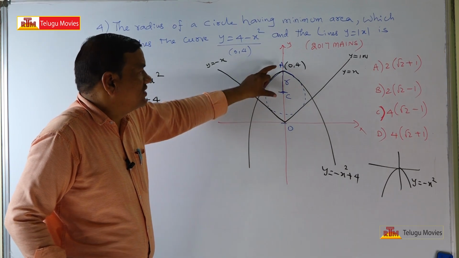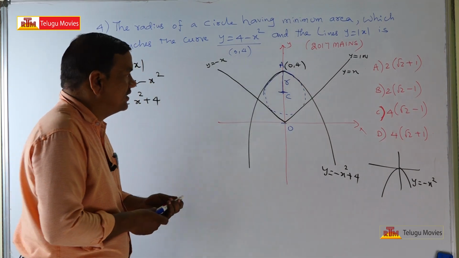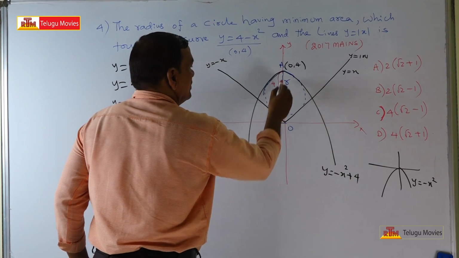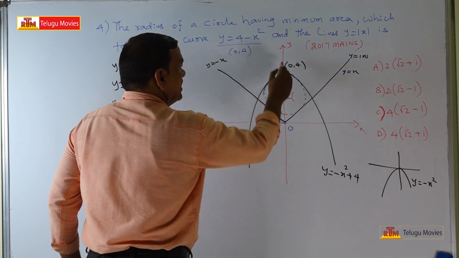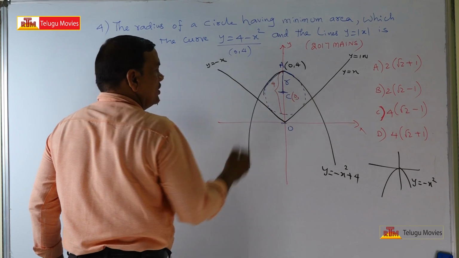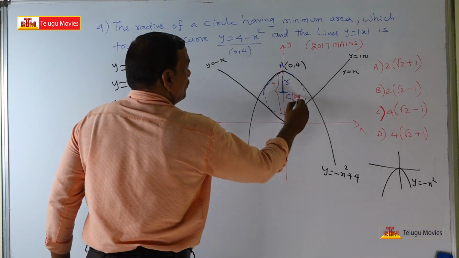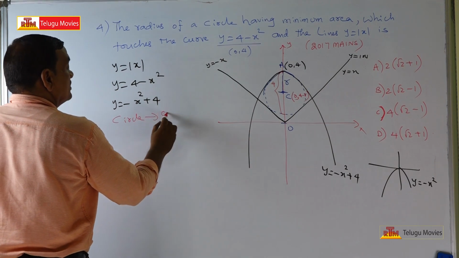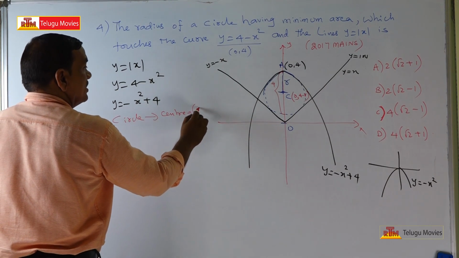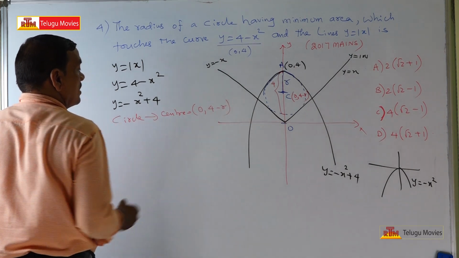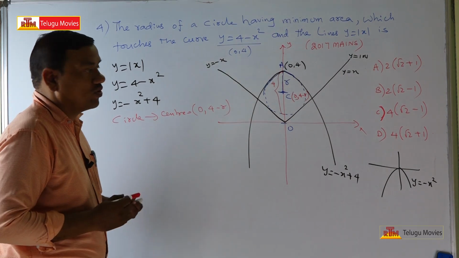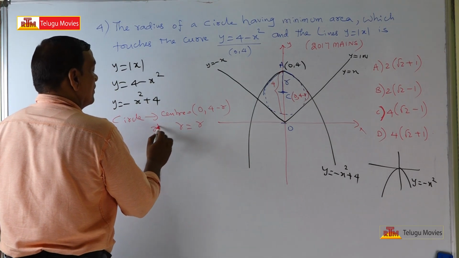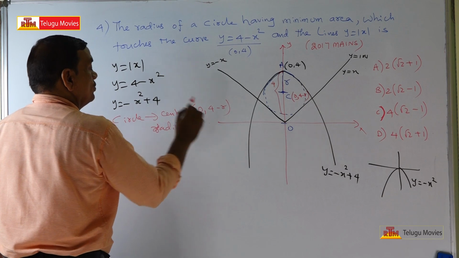This is 4 units minus R. The center will be on the y-axis, so the x coordinate is 0 and the y coordinate is 4 minus R. So the center of the circle is (0, 4 minus R), and the radius is equal to R.